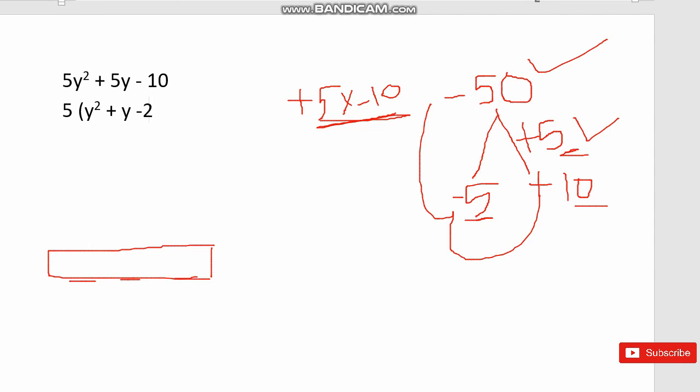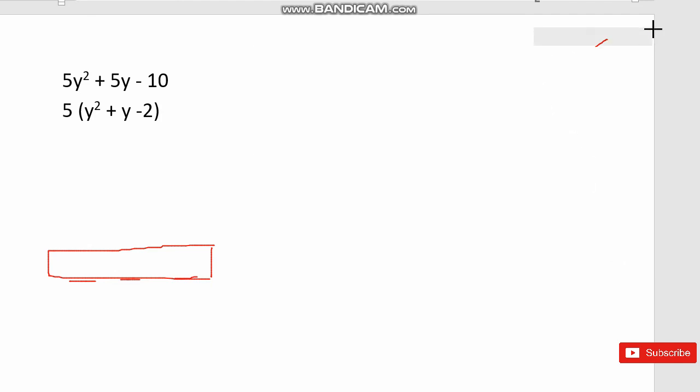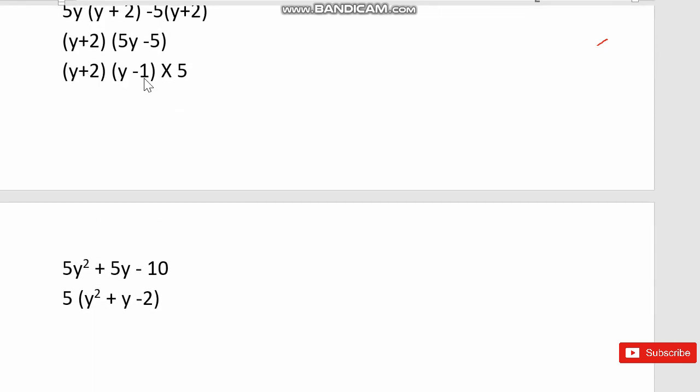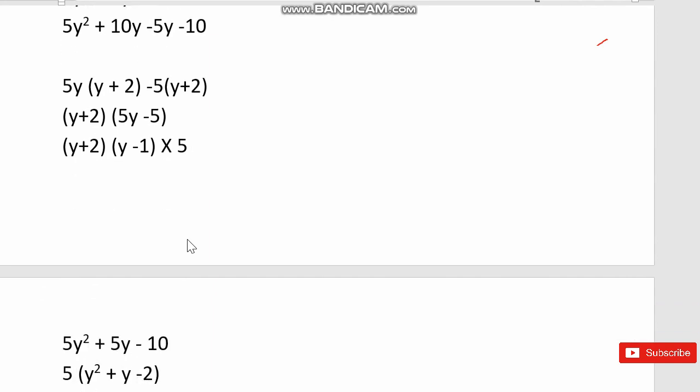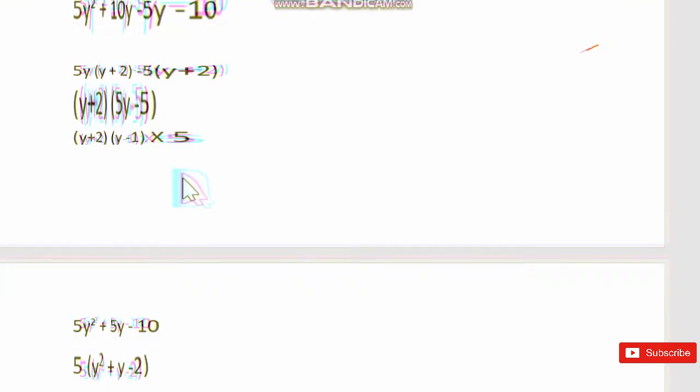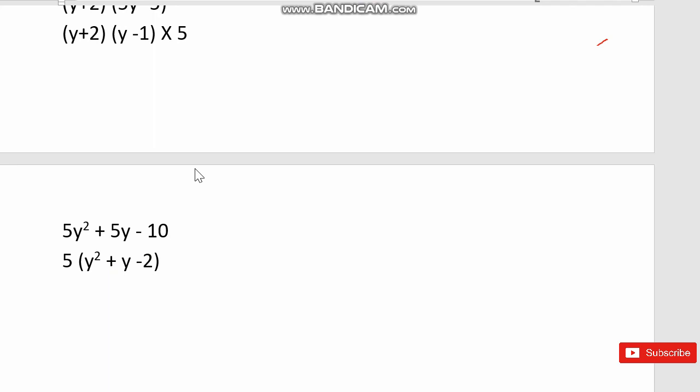So these are our factors also. We take 5 as a common factor first of all, and then factorize the minus 2 such that we can solve this example, and we get the factors of y square plus y minus 2 as y plus 2 and y minus 1. So we get the same answer. We can take the 5 common first of all, or we can take 5 as common lastly. So we can solve this example by both methods.